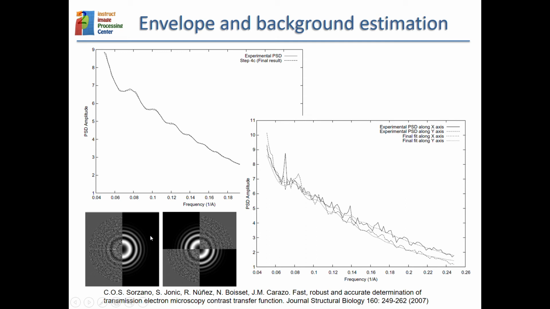So if your images are astigmatic, you have to average along equivalent phase points, so all these black points or all these white points, following the shape of the ellipse.